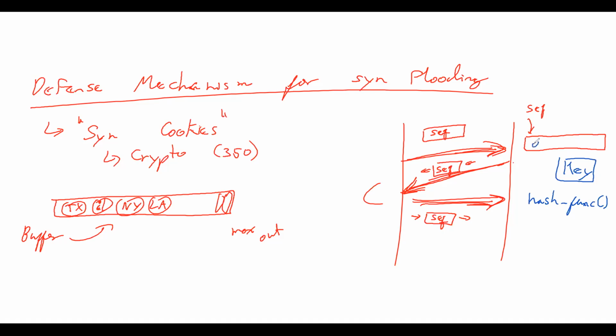So you still use this, but only because you don't want to affect performance. If you do feel that there is a problem, you can activate SYN cookies. So what happens now is the sequence number in the SYN packet, plus the source IP, destination IP, and a whole bunch of different information, think of it as the profile.